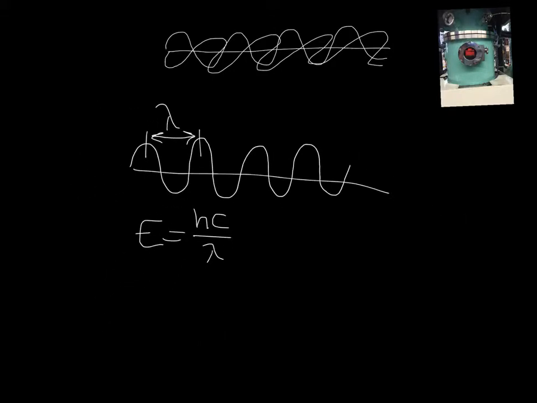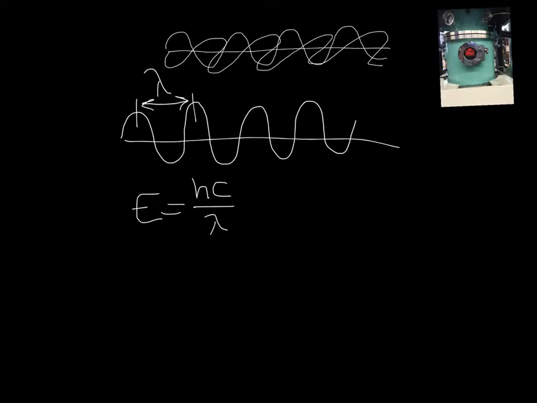Here we have energy is equal to hc over lambda. Now what the heck are h and c? I already told you what lambda is: lambda is the wavelength. But h and c might not be known.